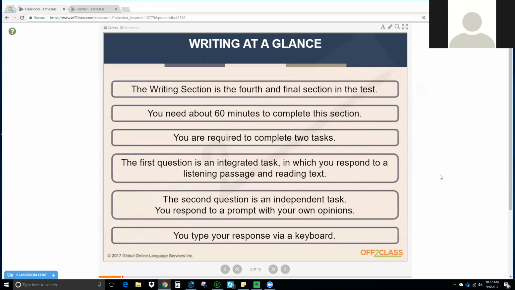You will listen to a passage, so you have to listen very carefully and take notes. And then you'll be asked a question about the listening passage, and you will have a limited amount of time to respond.